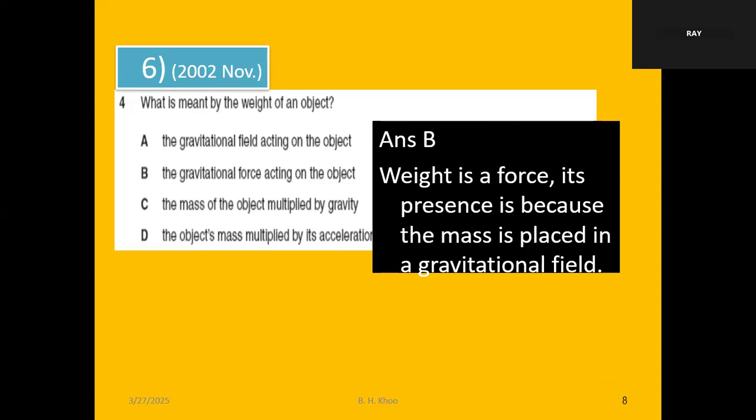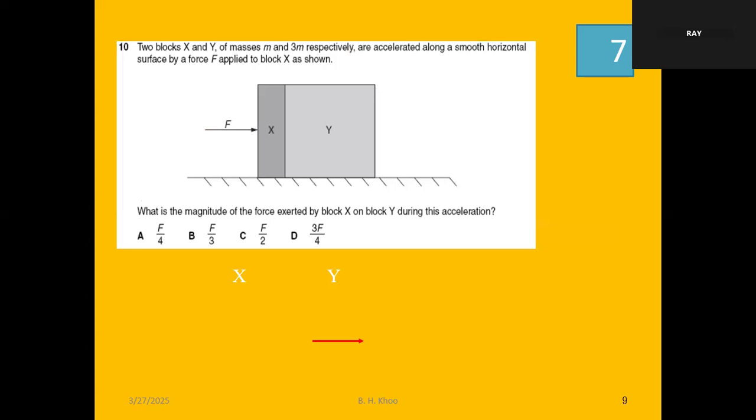Its presence is because the mass is in a gravitational field. Wait, teacher, why is it not C? Mass times gravitational acceleration, that's how we calculate it. It's the mass in the gravitational field. Okay. How about this one?